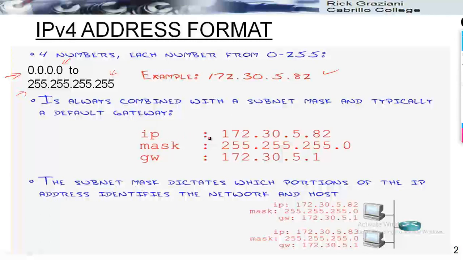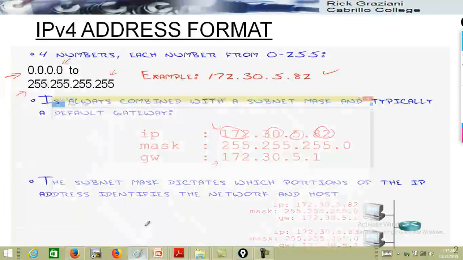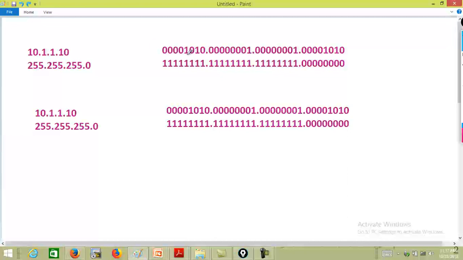Now an IP address is always combined with a subnet mask and typically combined with a default gateway. The reason an IP address is always combined with a subnet mask is because, whereas we see an IP address as 4 fields, or 4 groups of decimal numbers, your computer is a binary machine, so it sees them as ones and zeros, yeah?